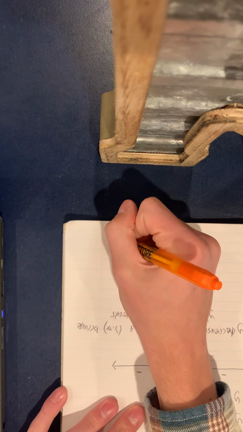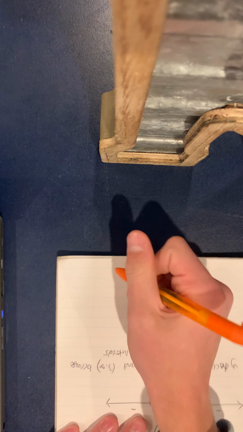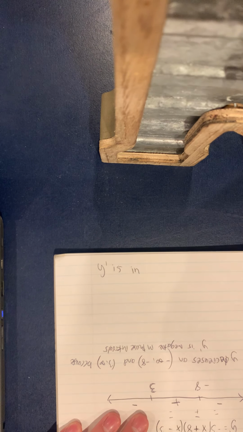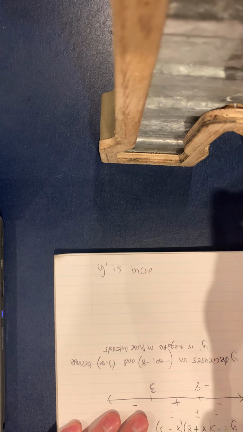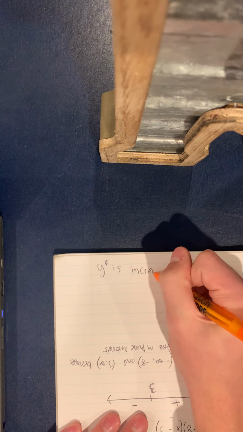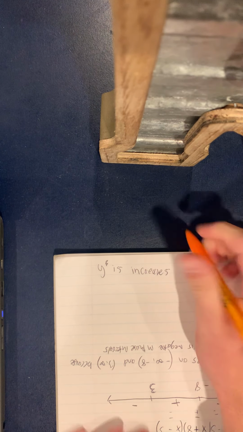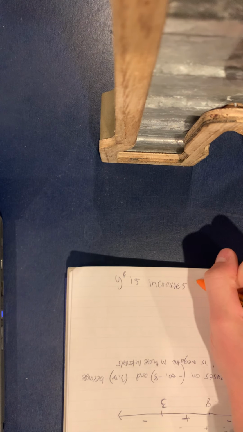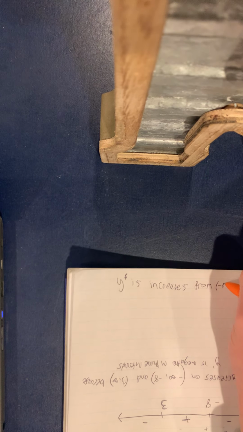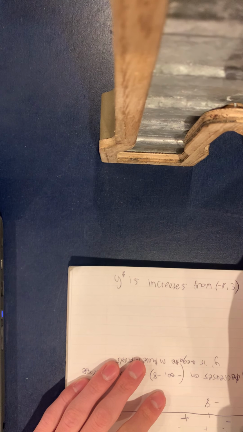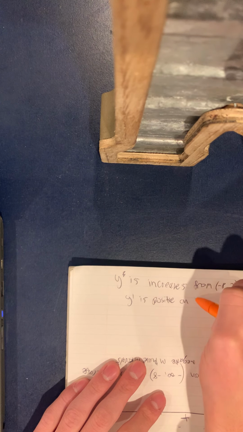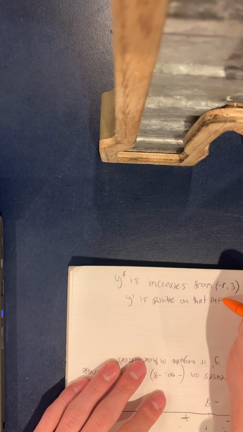And then we know that y is increasing from negative 8 to 3, because y prime is positive on that interval.